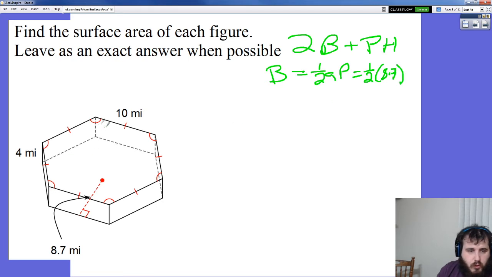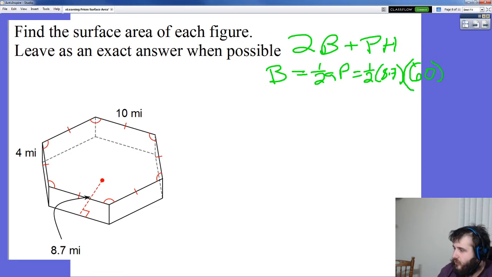The perimeter, well, we're going around, so it's 10, 10, 10, 10, 10, and 10. There are 6 sides, 10, 20, 30, 40, 50, 60. And there's my area of the base.